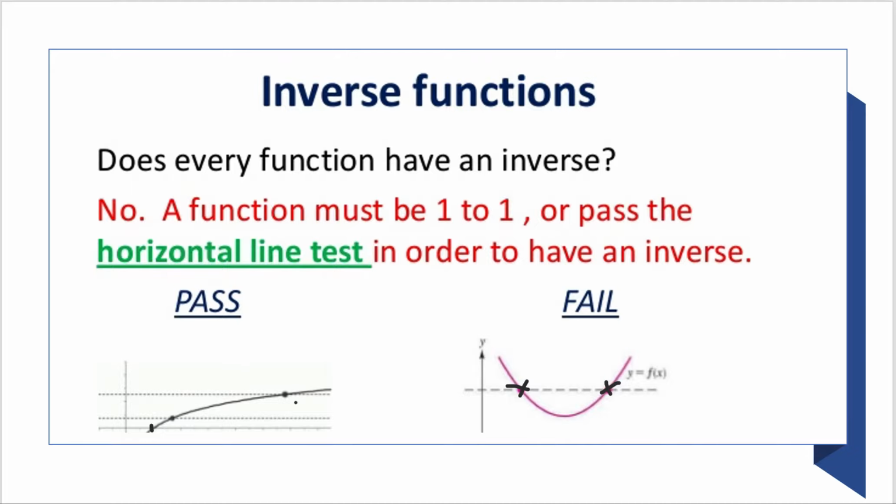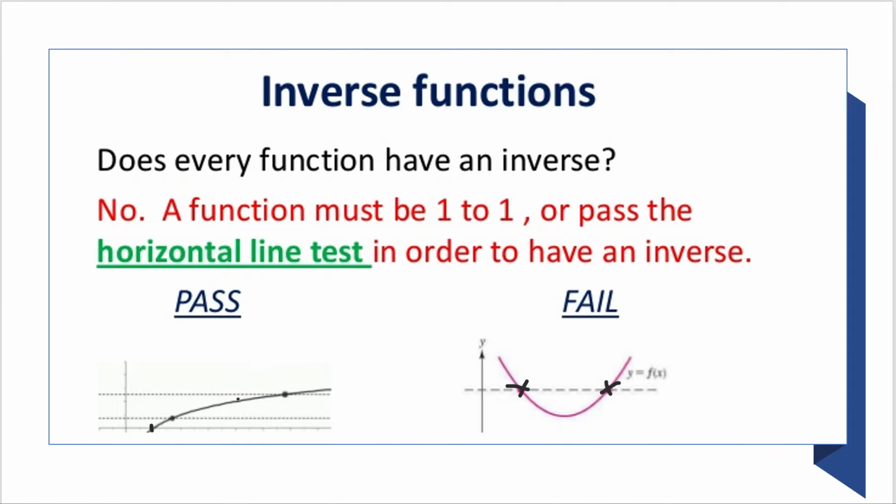For example, here, if we draw a horizontal line, the horizontal line is going to hit the graph of the function in just one point. And the same thing with those two lines. It's similar to the vertical line. If the horizontal line intercepts the graph of the function in just one point, it means it passes the horizontal line test.